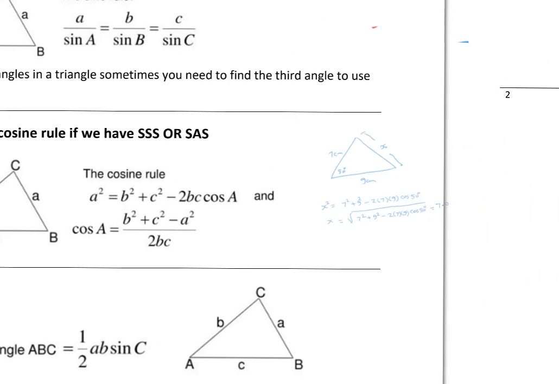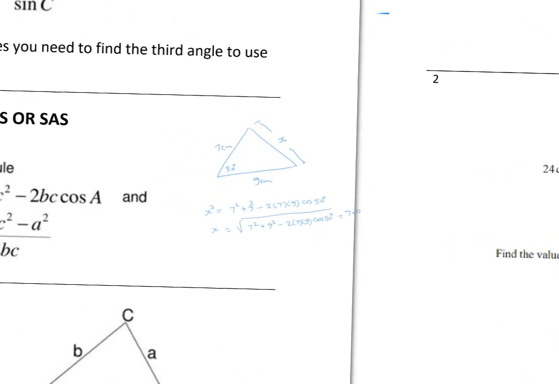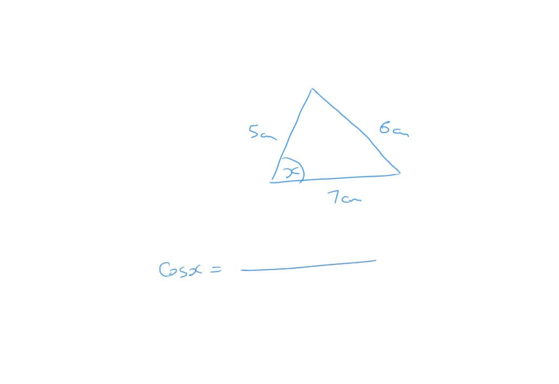We can practice for this part. So if we have this triangle, we have all the sides, we have 5, 6, 7. If I need angle x, so cosine x equals a fraction: 5 squared plus 7 squared minus 6 squared. This is the numerator.